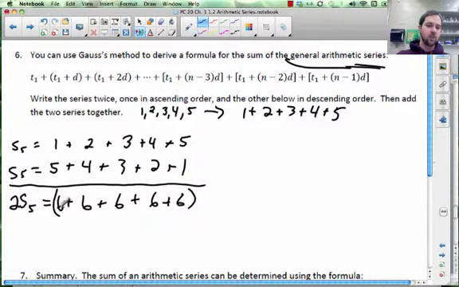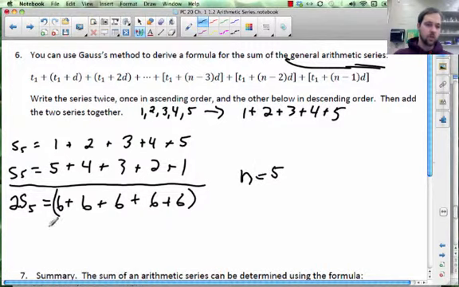So basically we can take 1, 2, 3, 4, 5, okay, which we know as n, the number of terms that we were finding the sum of in our sequence. So in our case, n equals 5.